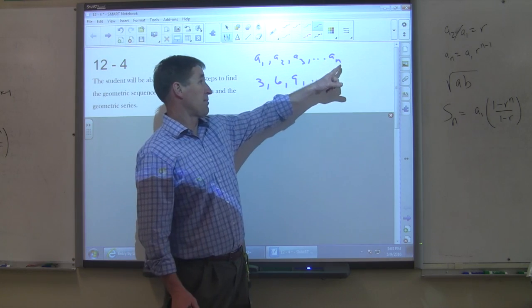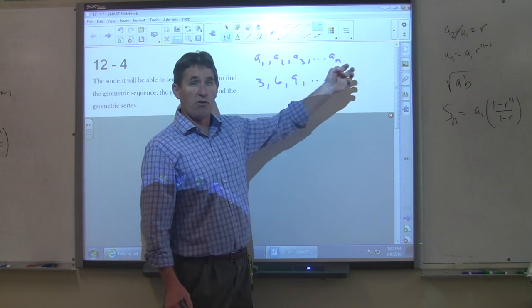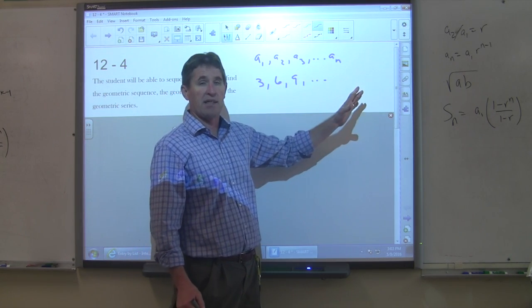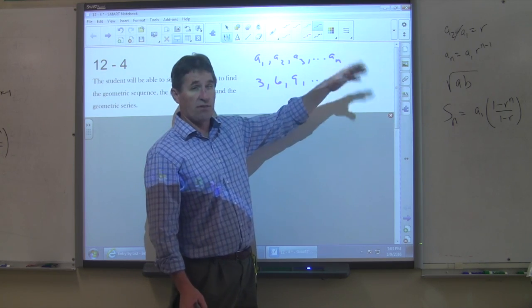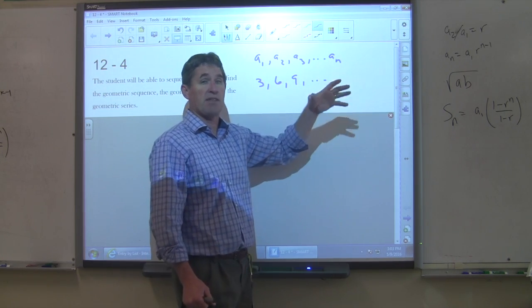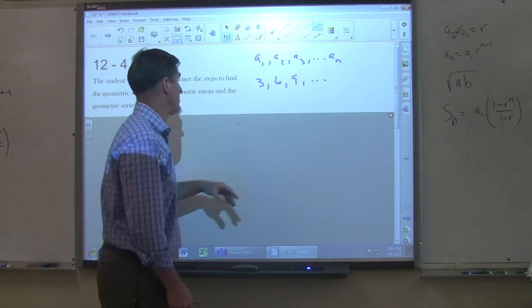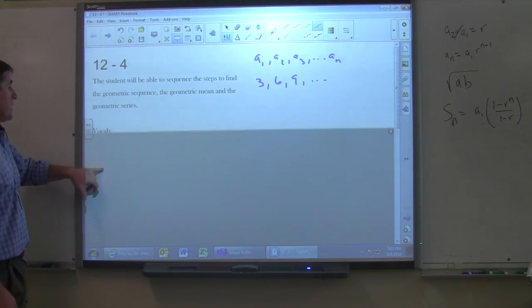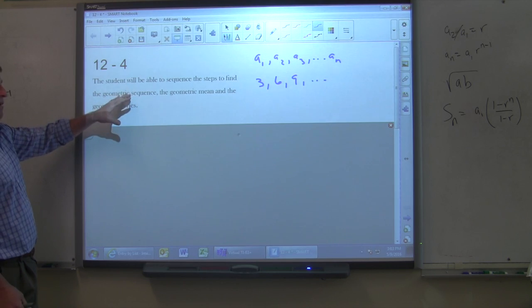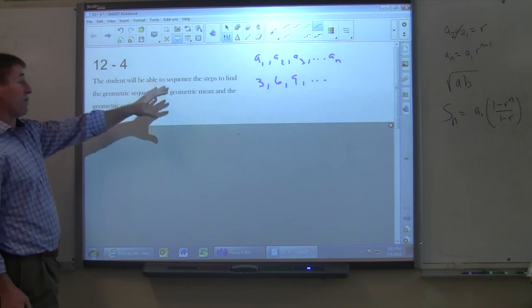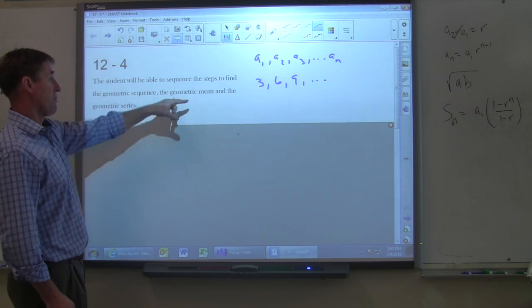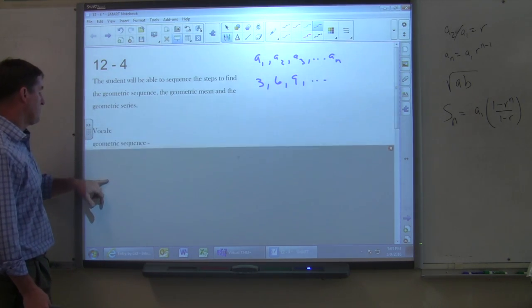So when they get to a sub n, remember a sub n is the value, but n is the spot in the sequence that it is, whether it's the 10th or 15th spot. The a sub n is the value, the n is just the location. So, again, the sequence is the same thing, except it'll be geometric instead of arithmetic, and a series is still the sum. We have a new term in the geometric mean.